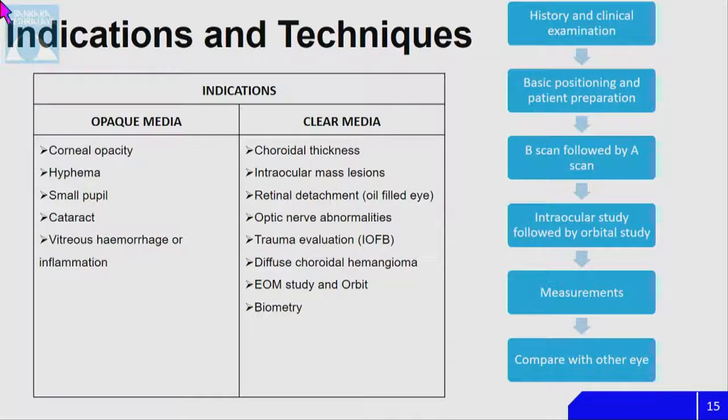With open lids, the advantage is that the attenuation by the lids is avoided, but we need a topical anesthesia, and maybe a little discomfort to the patient. With closed lids, it's very much possible to do, but a few signals may be attenuated by the lids. In case of tumors, ultrasound is mainly used for diagnosis, differentiation, as well as follow-up.